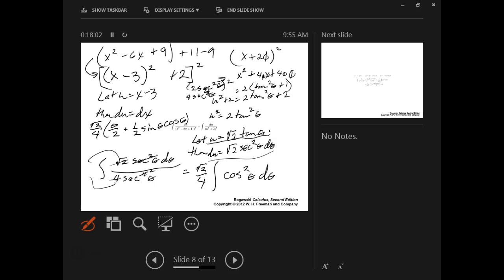Okay. Now, let's divide by square root of 2. So divide both sides by square root of 2. So these go out, and that yields us tangent theta is equal to u over root 2. Right?